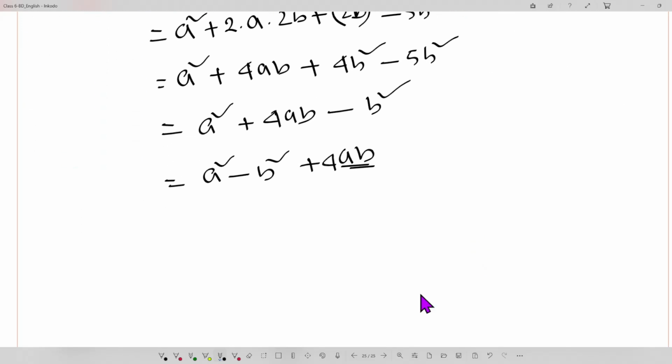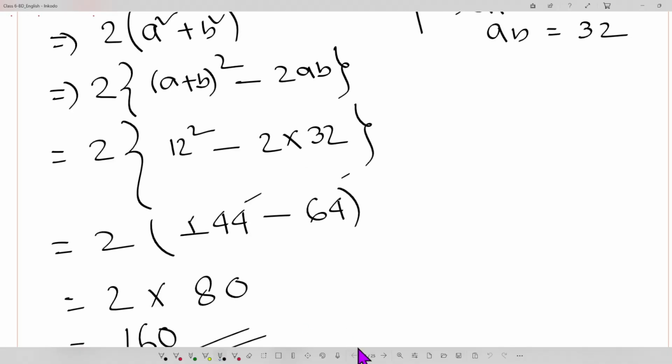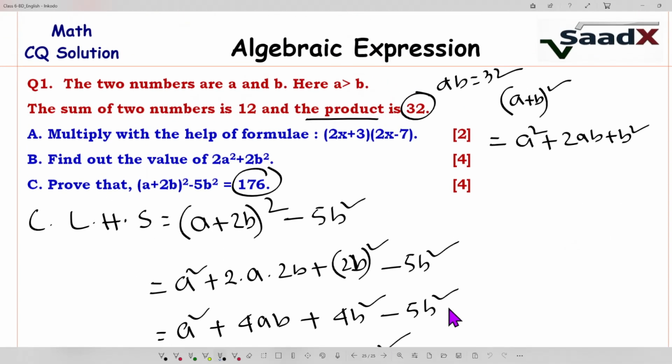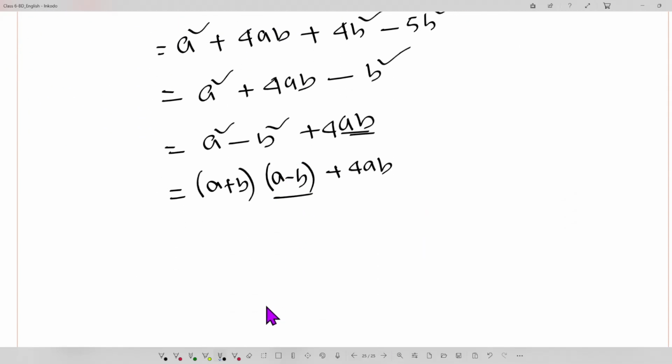Now this one we can write as a plus b times a minus b, because a square minus b square equals a plus b times a minus b, plus 4ab. Okay. Now one thing, here it is given, we can call this equation 1, equation 2, right? So we have a plus b, we have ab, but we don't have a minus b.